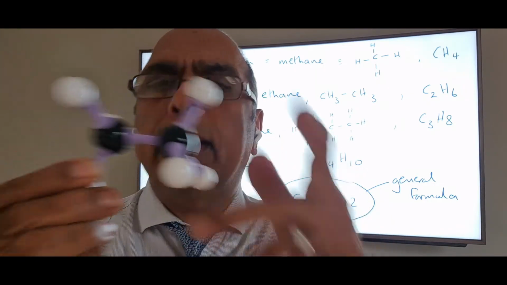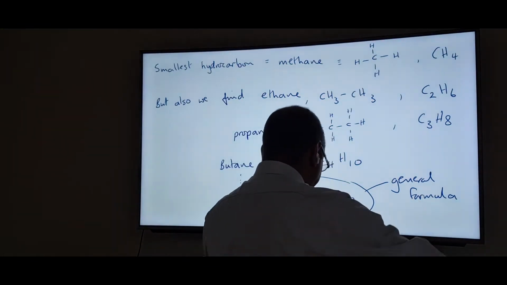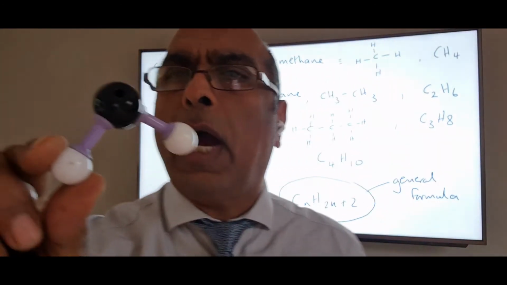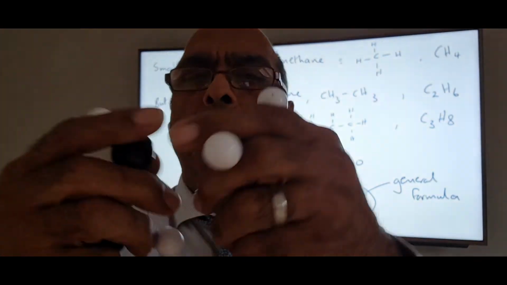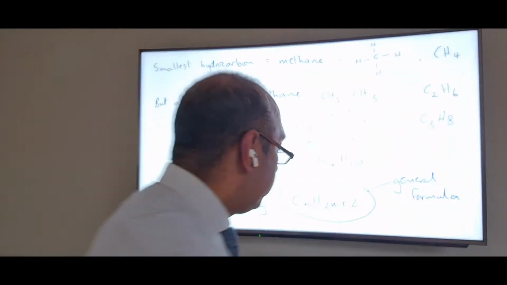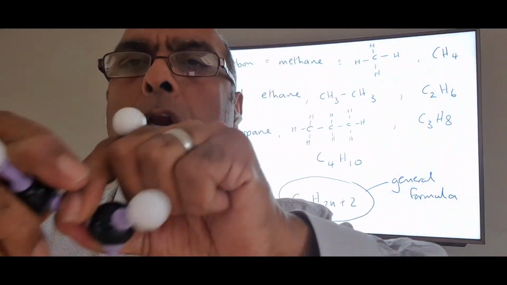Basically, if you pull a molecule like that apart and put an extra carbon in between with 2 hydrogens, then you can make something which is 1 extra carbon long.